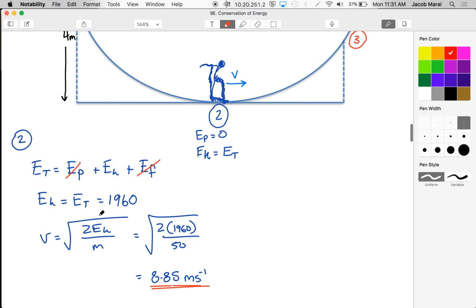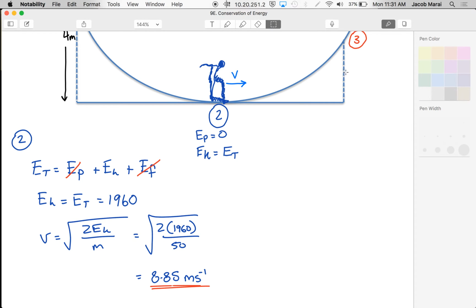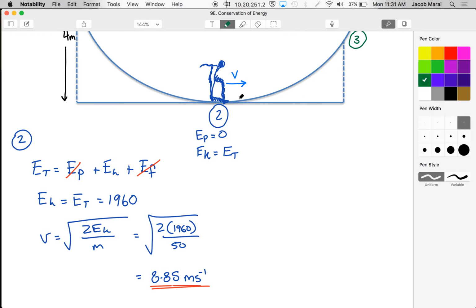Now, at point 3, let's now suddenly turn friction on. Okay? So, I know this is unrealistic, but now we're going to say friction acts from this point forward. Maybe it's a weird half pipe where the first half of the half pipe is perfectly smooth and no friction, and then all of a sudden it's made of grass or turf or carpet or something.